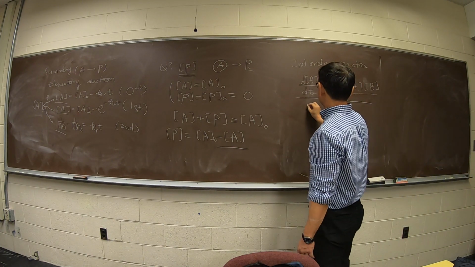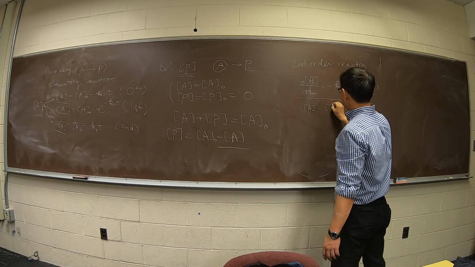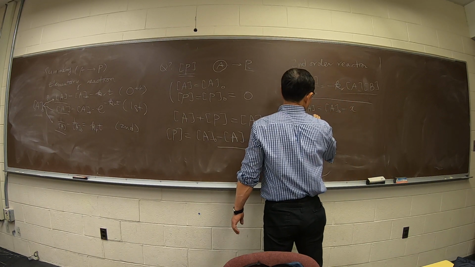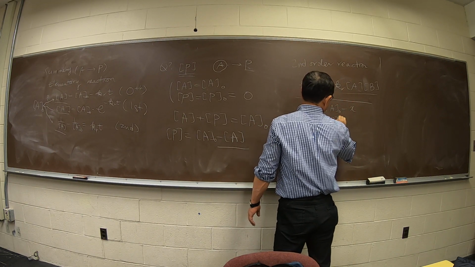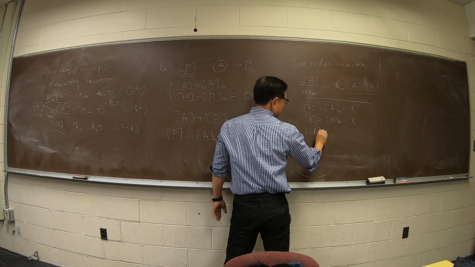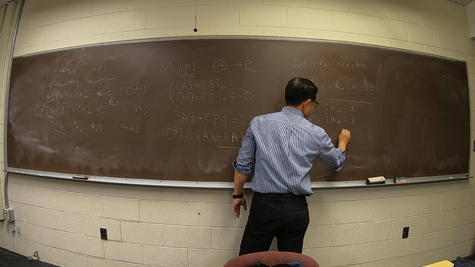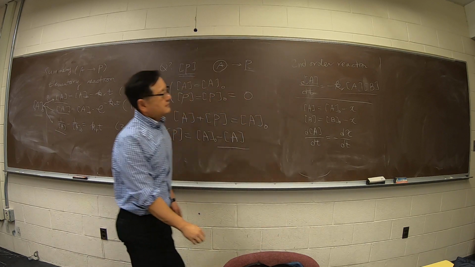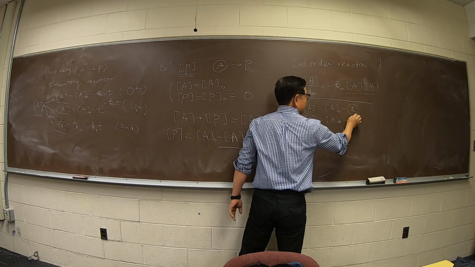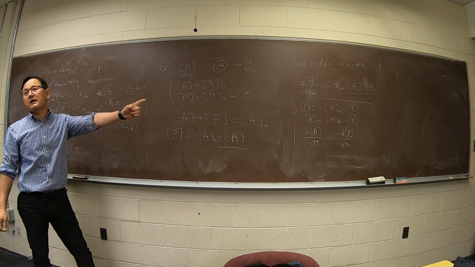So what I want to do is: concentration of A is A naught minus X. Concentration of B is B naught minus X. The change in the concentration of A over time is minus dx/dt. Does it make sense to you?